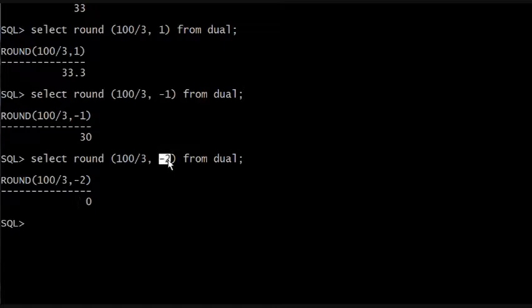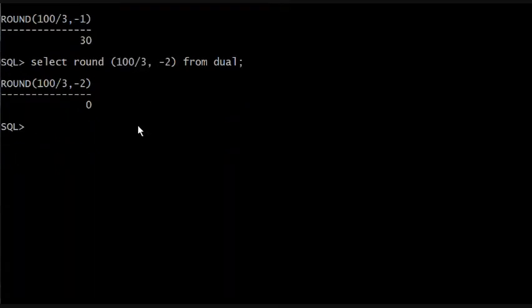So I'm only showing this for 2 reasons. One, dual, like I said, is a scratch pad. It's just a generic table where you can get 1 result returned, whatever you type in there. And the round function can be used not only on columns in a table, but also when you're doing basic arithmetic.